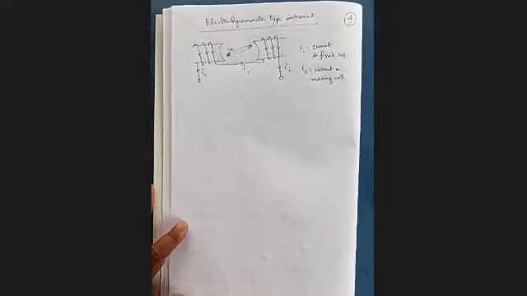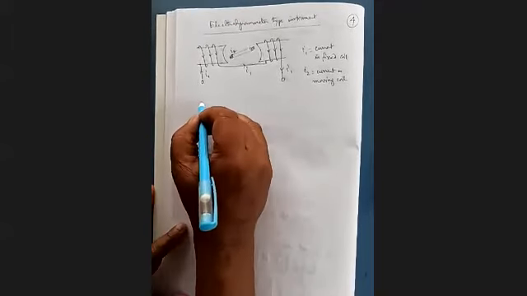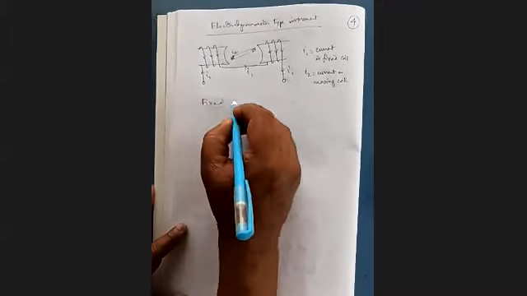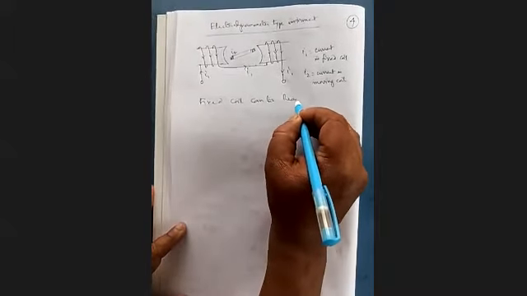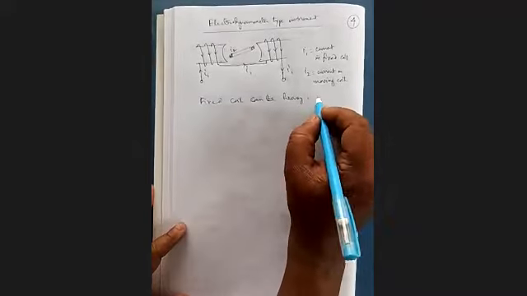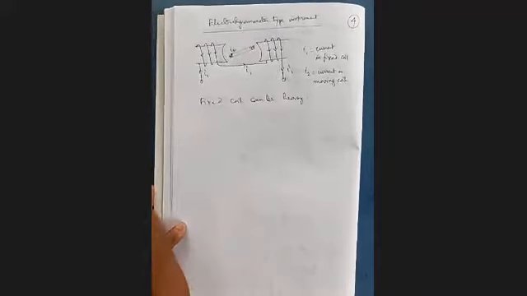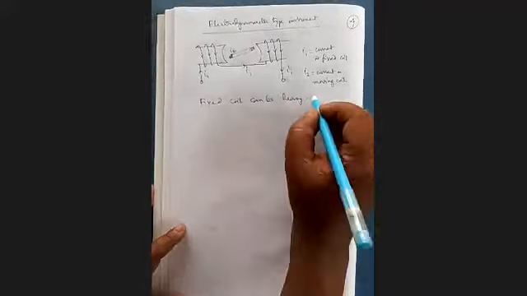Note that since the coil is fixed, there is no restriction on the weight of the coil because the coil is not moving at all. So the fixed coil can be heavy. Therefore, the cross-sectional area of the conductor can be high.